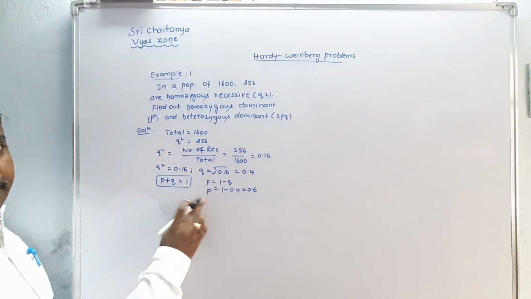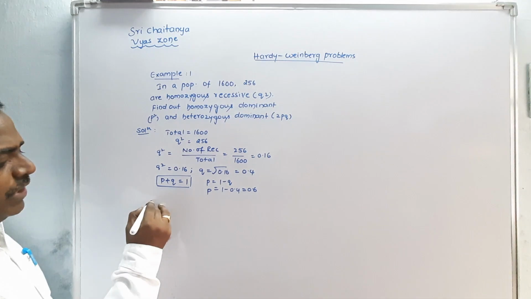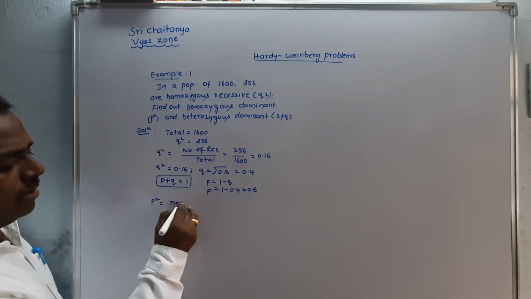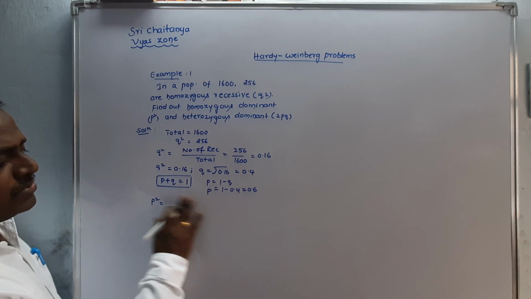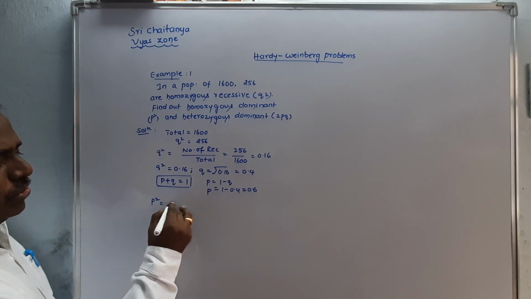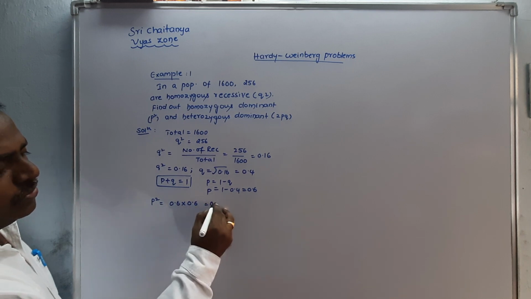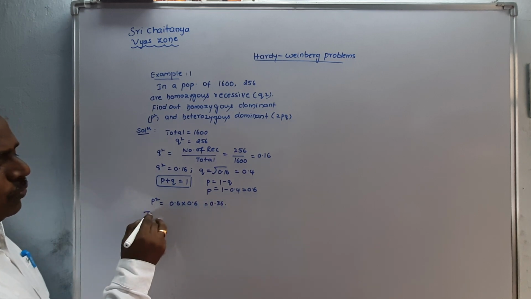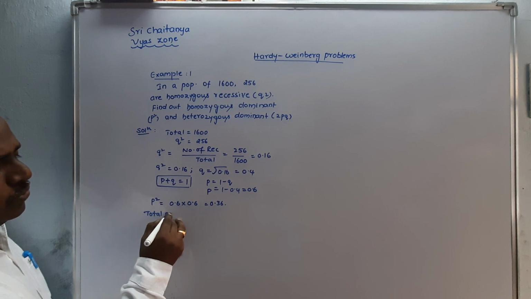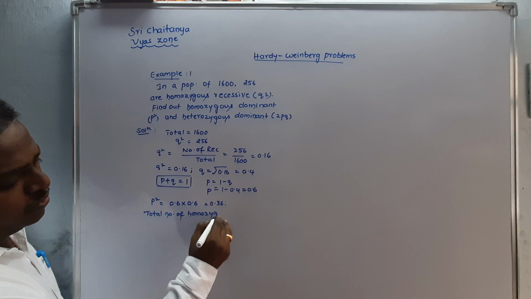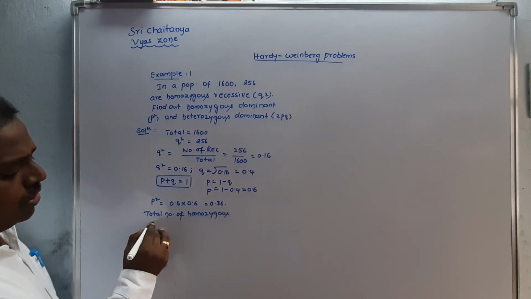Now you need p square. p square is equal to 0.6 into 0.6, that is 0.36.